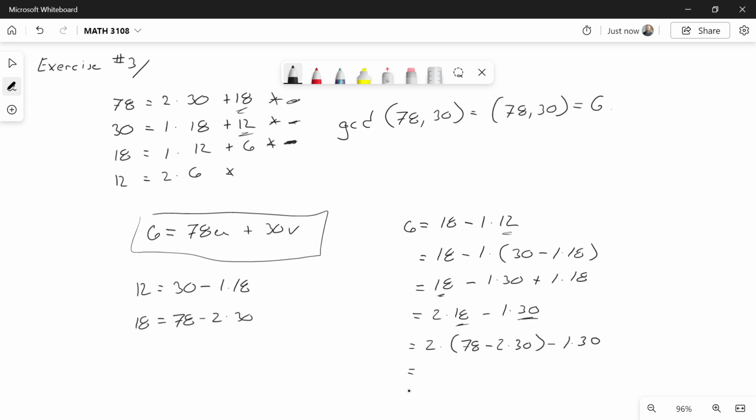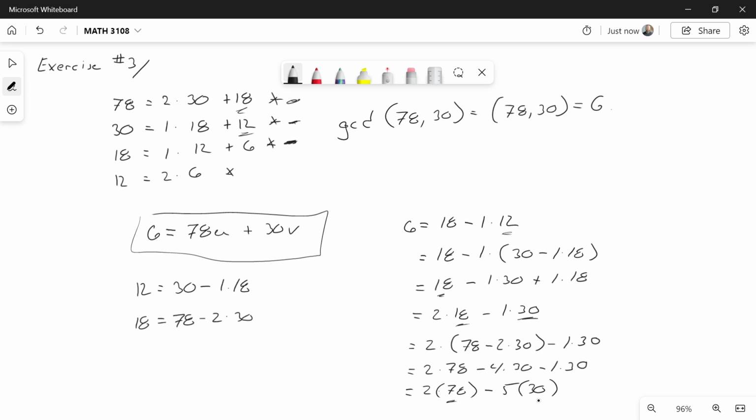Working this all out, this is going to be 2 times 78, minus 4 times 30, and minus 1 times 30. So this is 2 times 78, let's use round brackets so it doesn't look like decimals, minus 5 times 30.